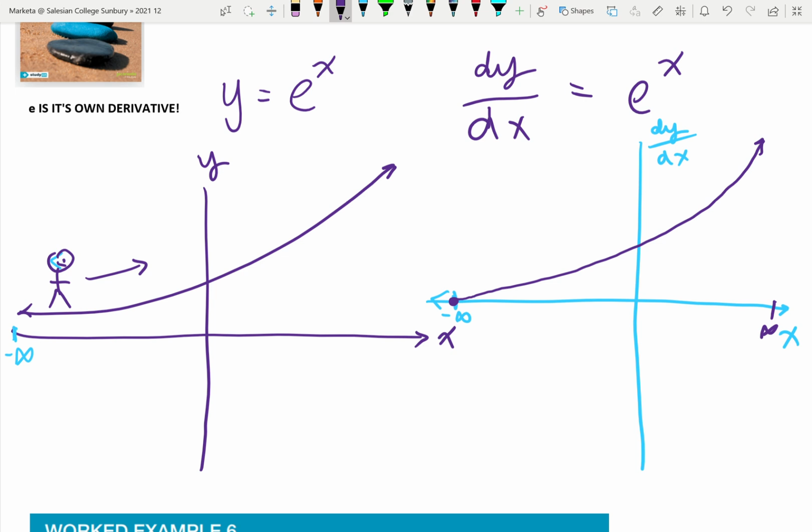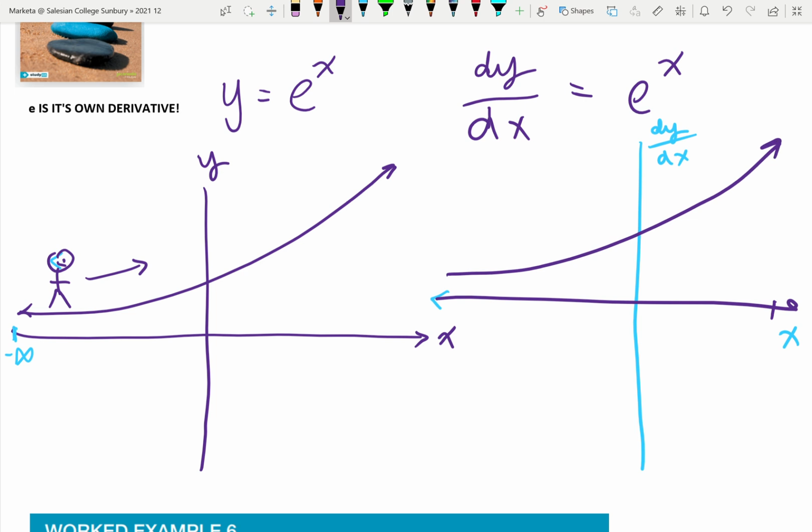And as you go towards negative infinity, the y values get closer and closer to zero, and the gradient gets flatter and flatter, so also closer and closer to zero. So we never do reach negative infinity. So the point is that you would have it like this. So you can see that e to the x is its own derivative. And I should actually say e to the x is its own derivative, not just e.